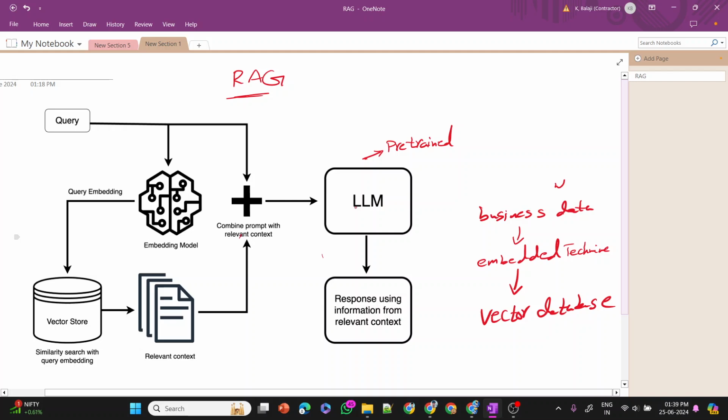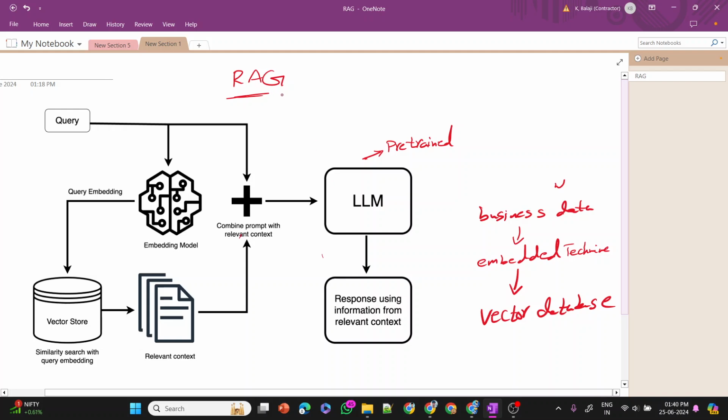Whenever we fine tune it, we need computation power. We need to create a data set and label it, and then we need to fine tune the pre-trained LLM by using the data set. It is time taking and needs computational power, and to avoid these kinds of scenarios, we use RAG.